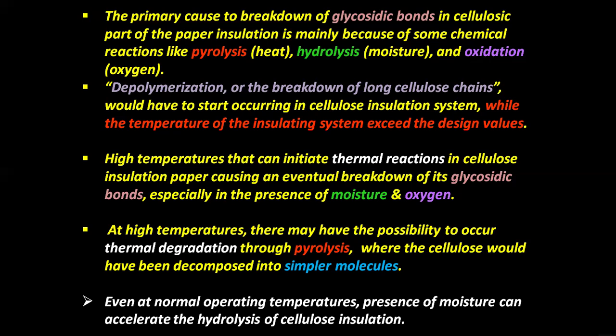Depolymerization, or the breakdown of long cellulose chains, starts occurring in the cellulose insulation system when the temperature of the insulating system exceeds the design values. High temperature can initiate thermal reactions in cellulose insulation paper, causing an eventual breakdown of its glycosidic bonds, especially in the presence of moisture and oxygen.